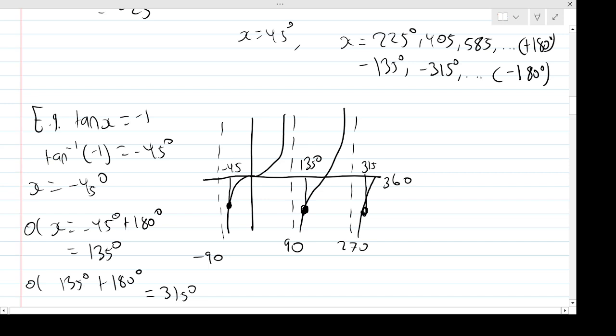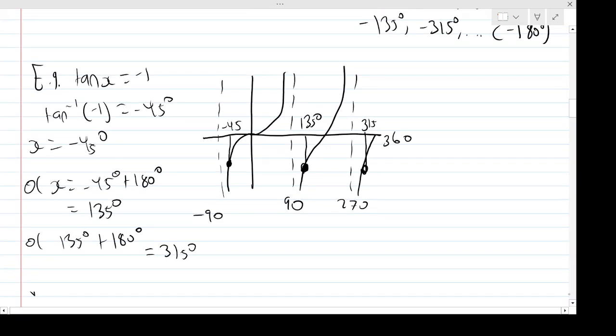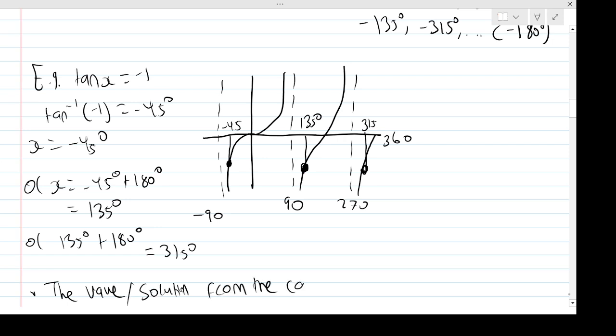The last thing to note: the value we get from the calculator, that initial solution, we call the principal value, or the principal solution. Principal meaning the first or main solution.